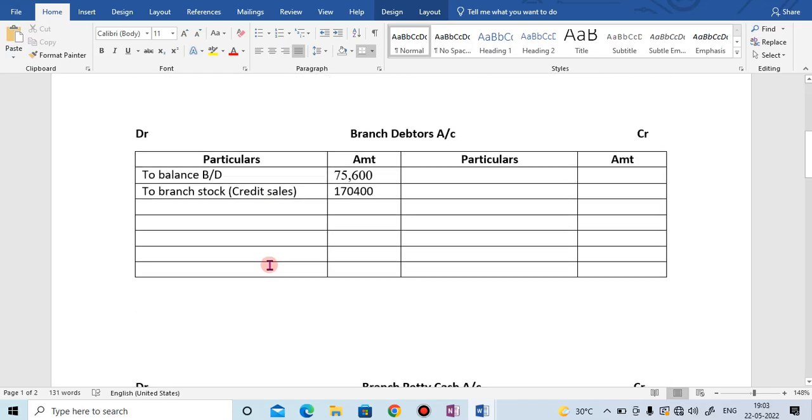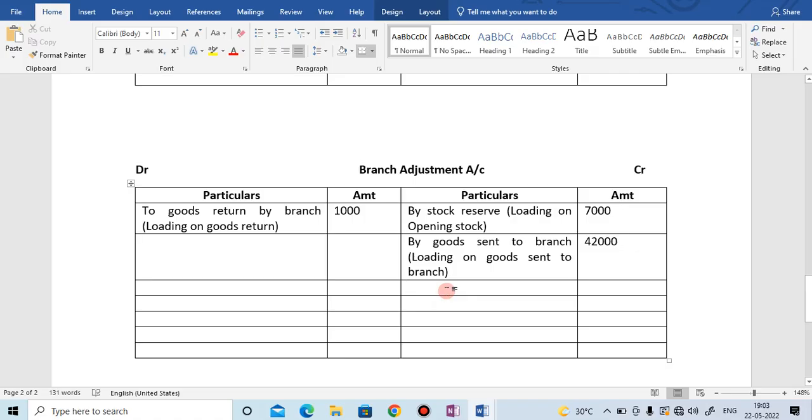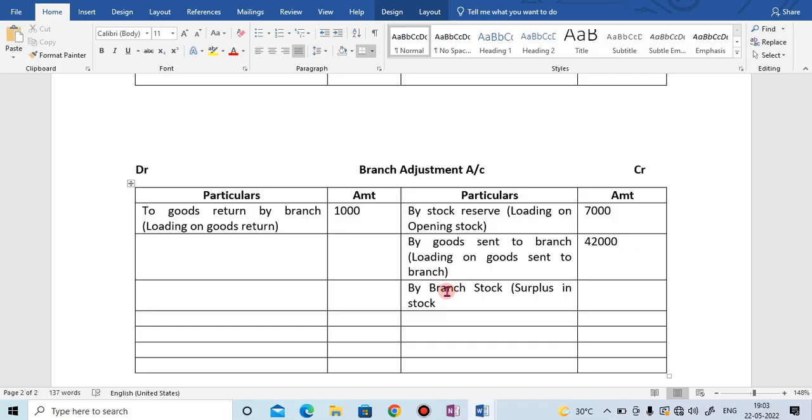Now next, in branch adjustment account, by branch stock, surplus in stock 23,400.